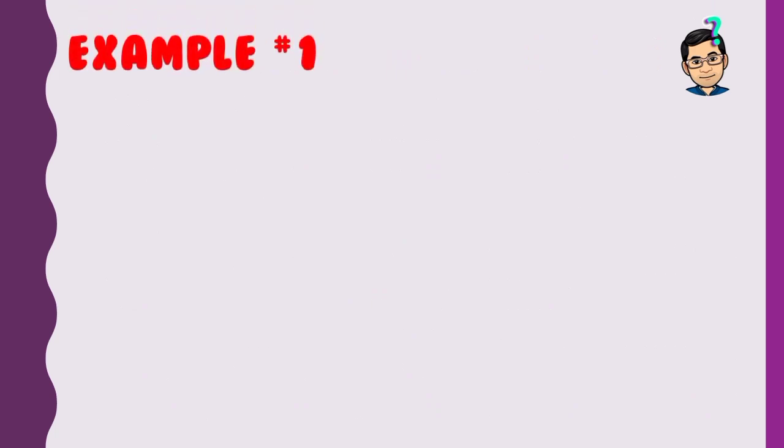Now, let's apply factoring of difference of two squares. So, let's have example number 1, x squared minus 36. So, the first step, we get the common monomial factor. So, ang numerical coefficient ng x squared is only 1 and then 36. So, anong GCF nila? 1 lang. So, proceed tayo sa next step, which is to determine the square root of each of the two terms.